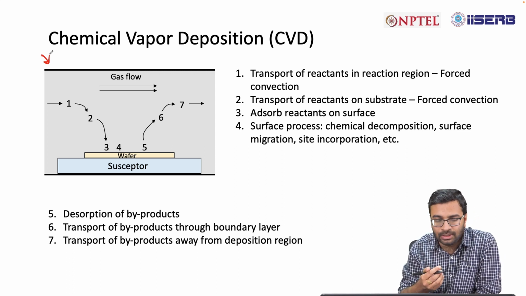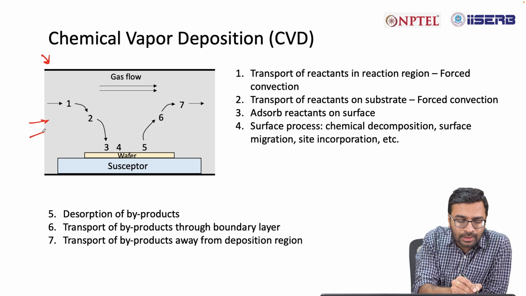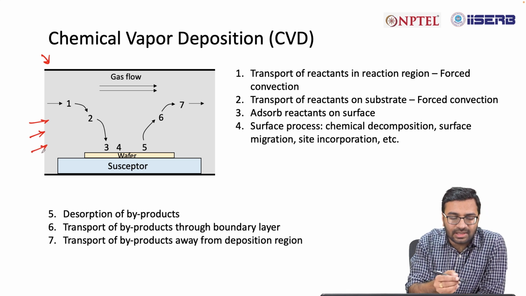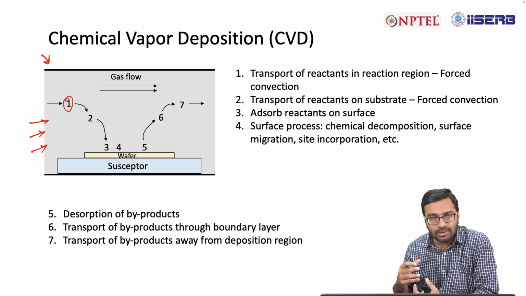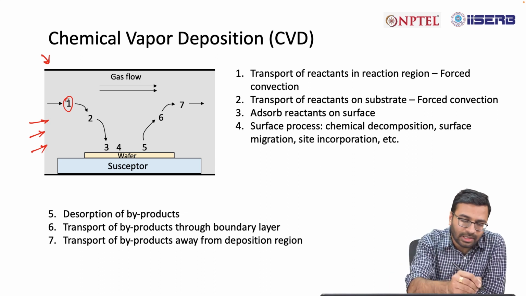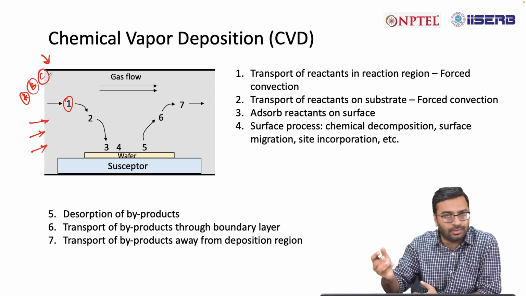Multiple gases can be there. So the first stage is transport of reactants in the reaction region, that is forced convection. You will forcefully insert gas inside the chamber. This is the first step. The number of reactants can be higher. There can be gas A, gas B, gas C, and so on and so forth, right?